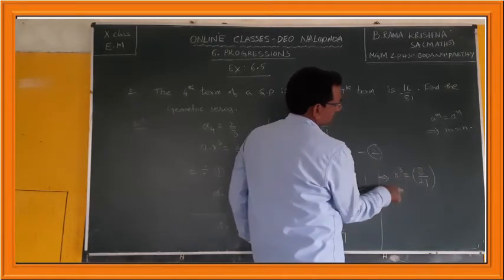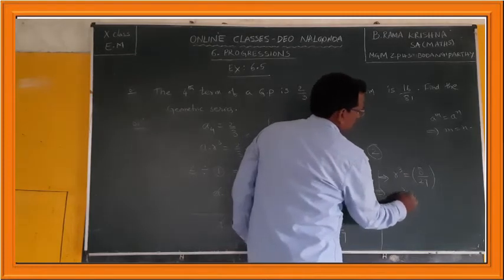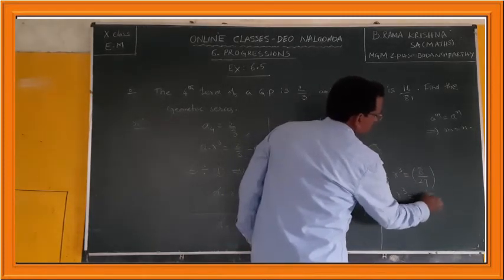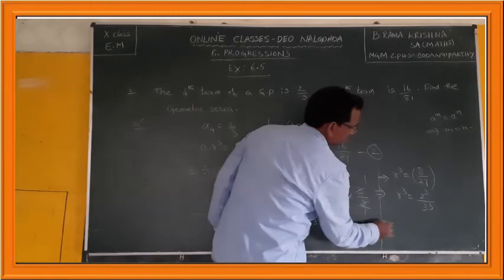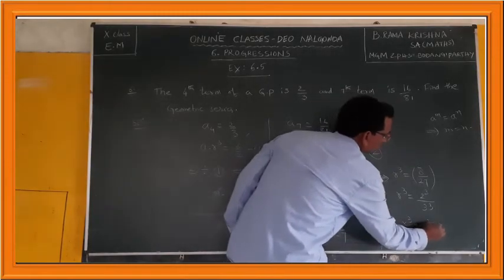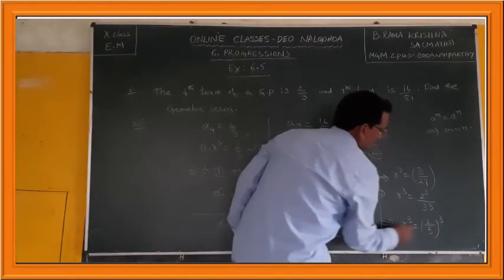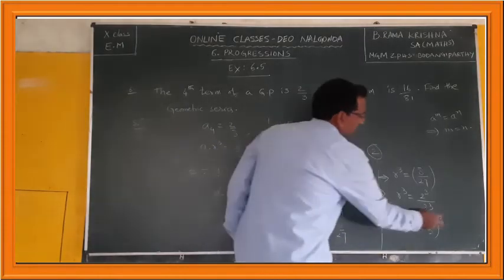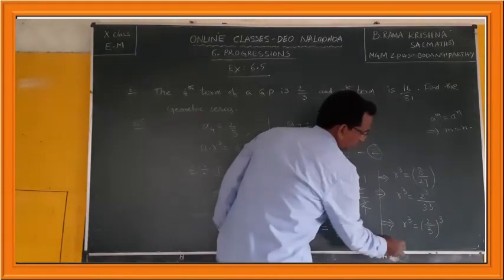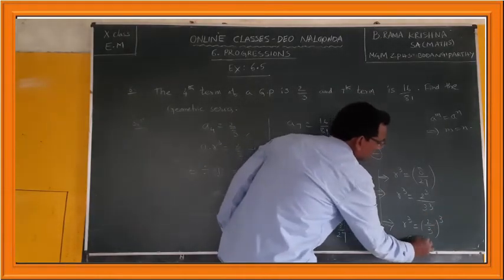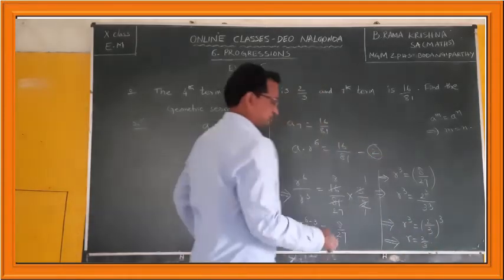Okay. So, r cube is equal to 2 cube by 3 cube. This can be written as r cube is equal to 2 by 3 whole cube. Now if you observe, when powers are equal, you can make the bases also equal. r is equal to 2 by 3.